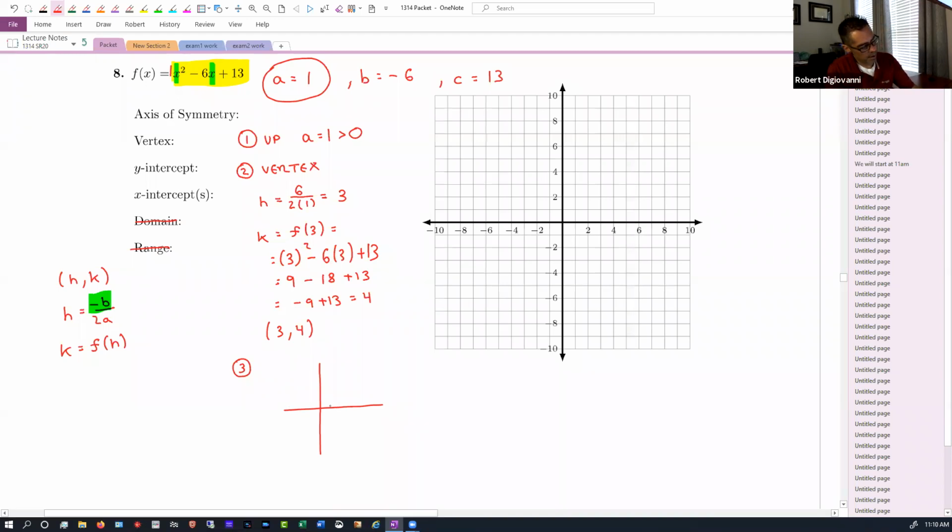So if I go and plot the vertex, 1, 2, 3, 1, 2, 3, 4, we don't really need to be real precise with that. There's my vertex, but my parabola opens up. So I know my parabola comes up like this and like this. And notice that we will have no x-intercepts, because the parabola does not hit the x-axis.